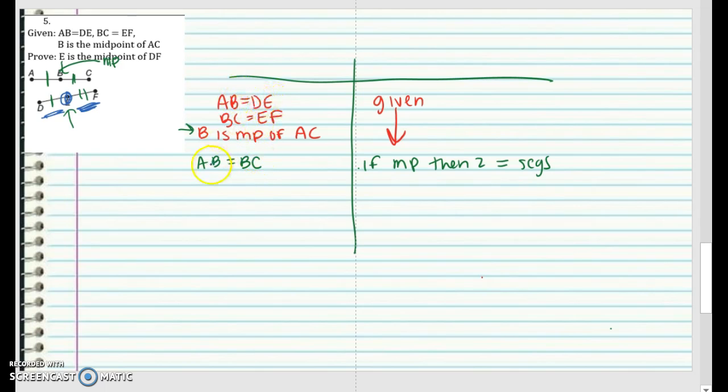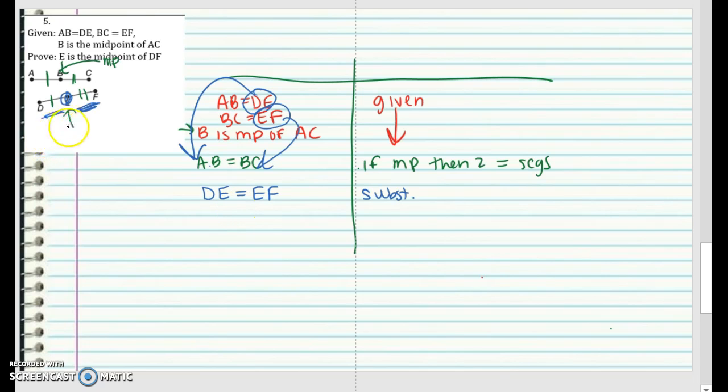So if I know that AB is equal to DE, then I can again use my favorite property and substitute. And if I know that EF is equal to BC, I can also substitute. So I can say DE equals EF, again by substitution.